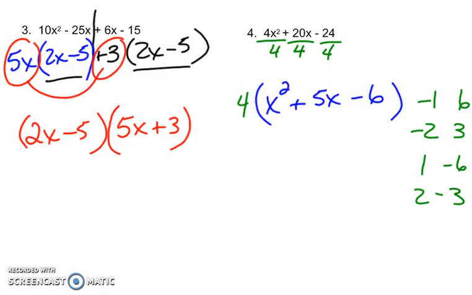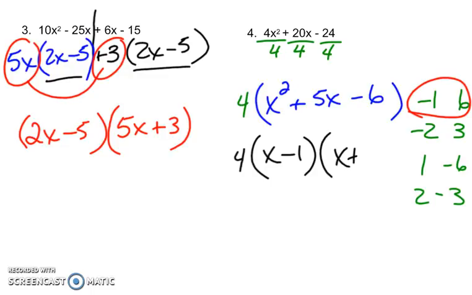We need a sum of positive 5, so we're going to use the combination of negative 1 and positive 6. So we're going to keep the common factor of 4 times x minus 1 and x plus 6. Again, the order in which you write the binomials does not matter.